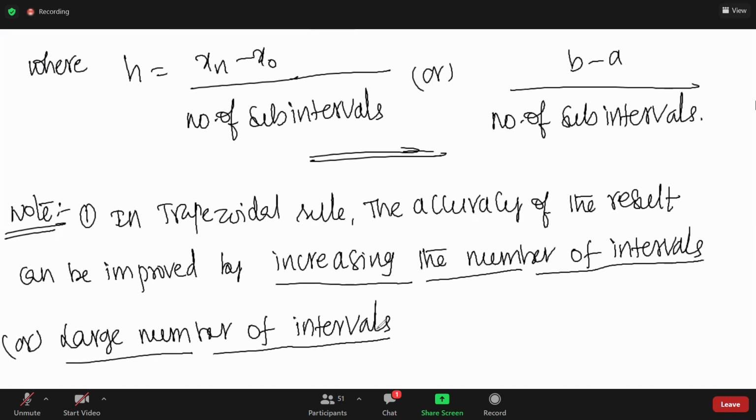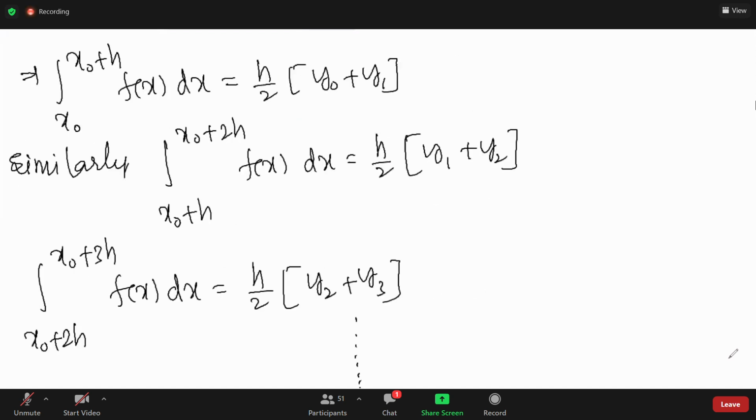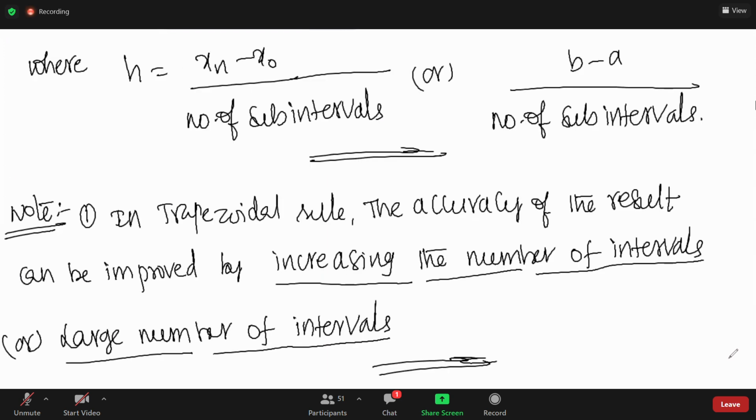So the number of subintervals is a large number. Is it clear? Very, very important point.